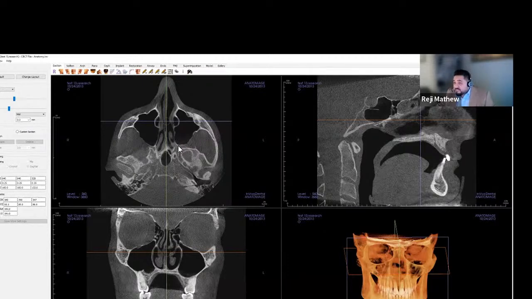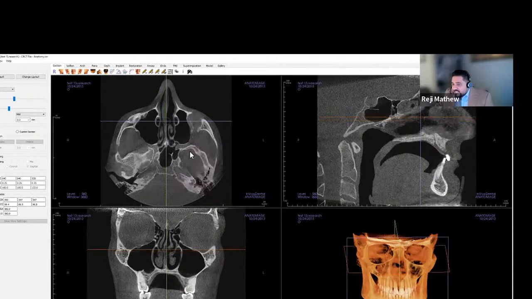And with CBCT, you'd be amazed that you probably wouldn't even see anything. It would just be slightly widened. So you want to look at those areas very clearly. As you scroll down, you can see the pterygopalatine fossa opening into the middle cranial fossa through the foramen rotundum right here.